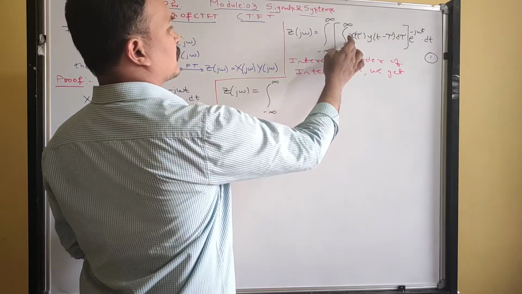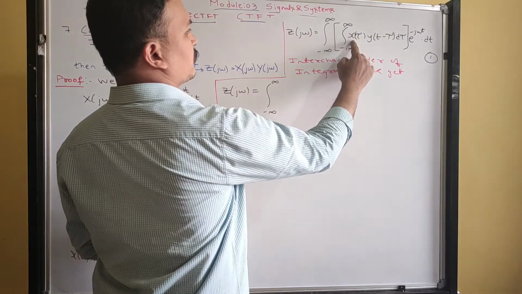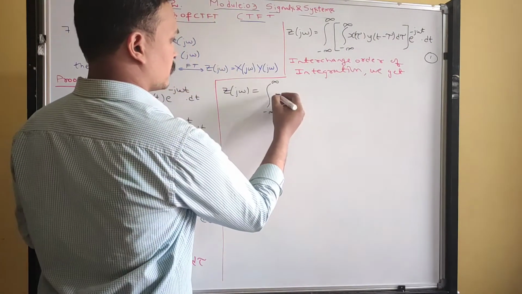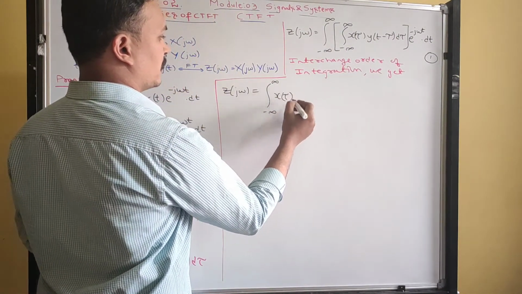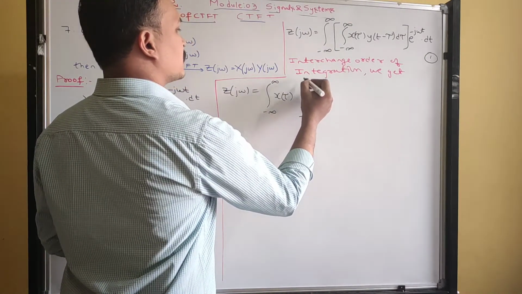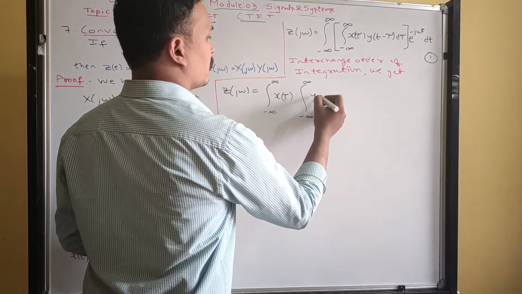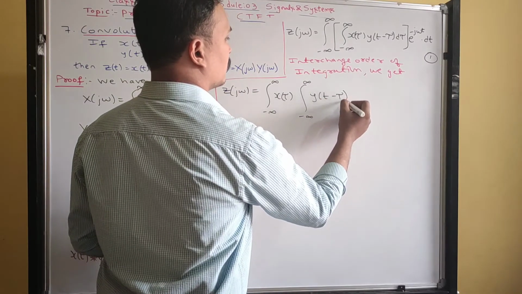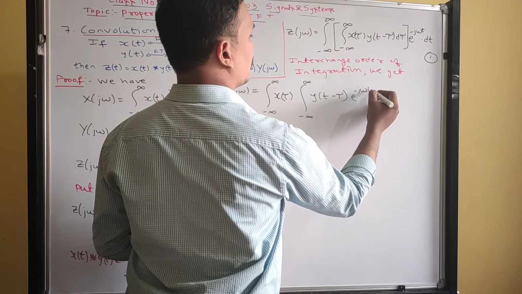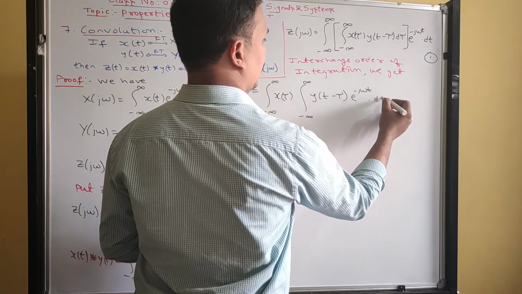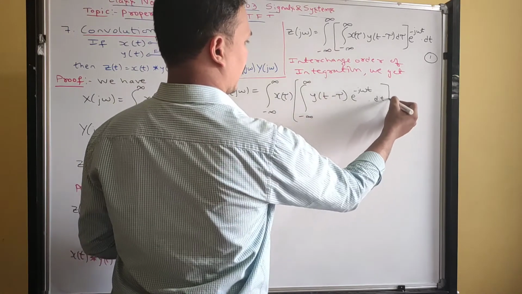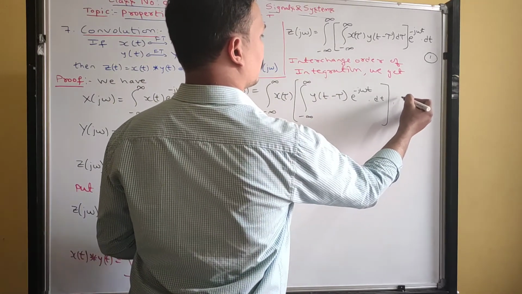Two integrals are there: one integral multiplied with x of tau, and another integral multiplied with y of t minus tau. So x of tau I take as one integral, and the other is integral from minus infinity to infinity y of t minus tau into e to the power of minus j omega t into dt, which I take in one bracket, multiplied into d tau.